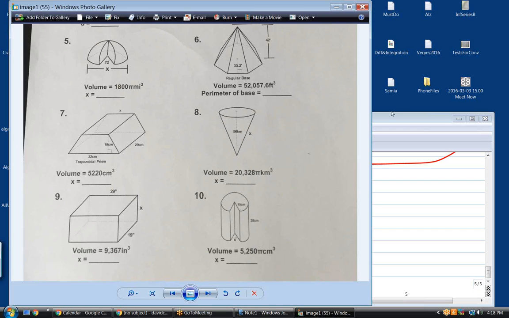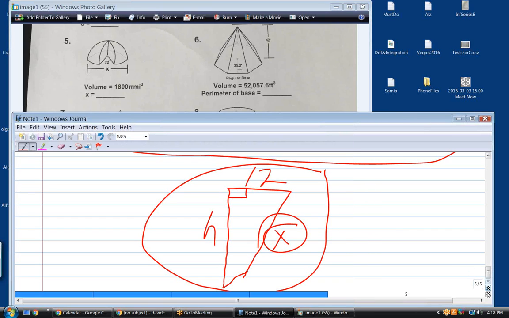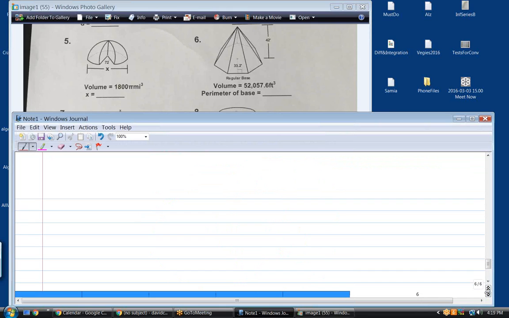All right, 5's a little unusual. What's the general formula for this thing? What would it be if it was not missing that piece? Hemisphere?